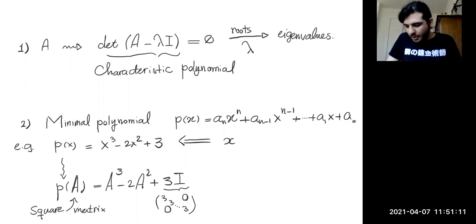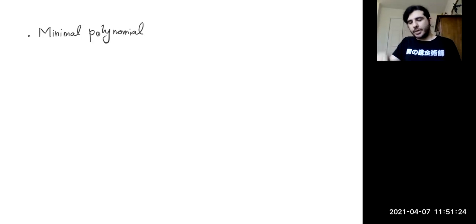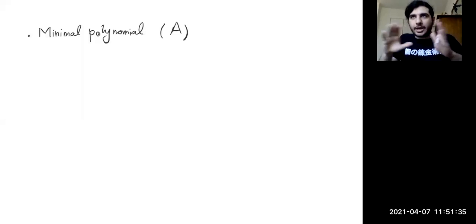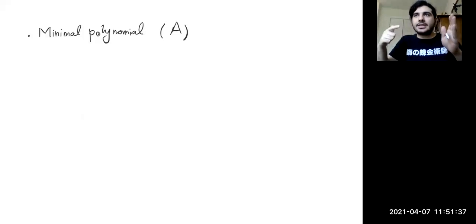Now, what is the minimal polynomial? By a minimal polynomial of a matrix A, suppose a matrix A is given. For a matrix A, the minimal polynomial is a polynomial which, if we write it in matrix form, the matrix A would be a root of that.